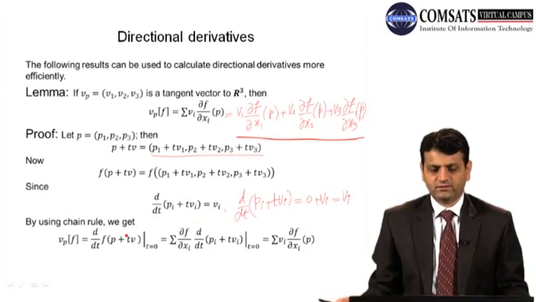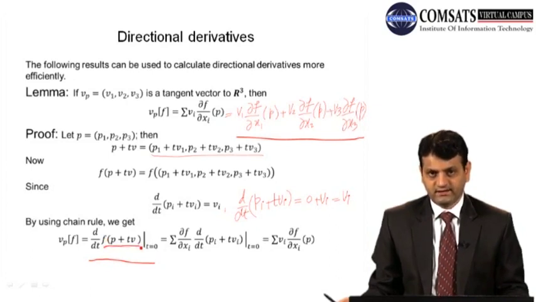Now by definition, what is the directional derivative of f in the direction of v_p? It is just equal to this expression. Now how can I differentiate a function which is indirectly a function of one variable, but directly it's a function of three variables, and every one of them is a function of one variable? So we can use the chain rule over here.